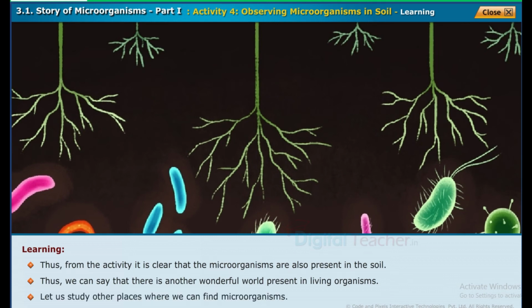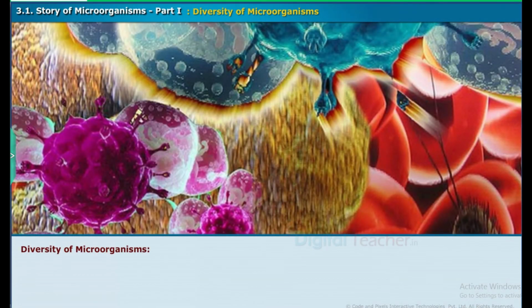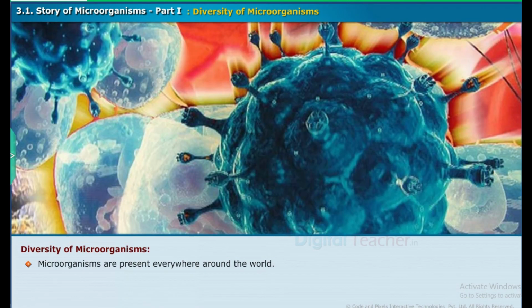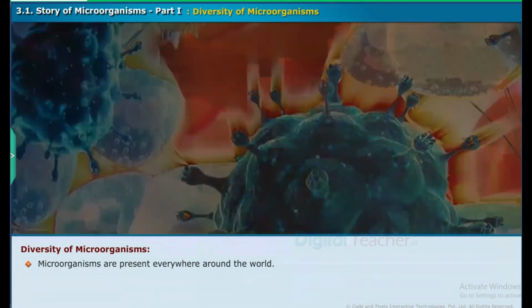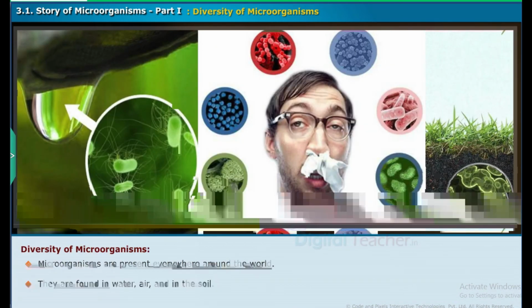Let us study other places where we can find microorganisms. Diversity of microorganisms. Microorganisms are present everywhere around the world. They are found in water, air, and in the soil.